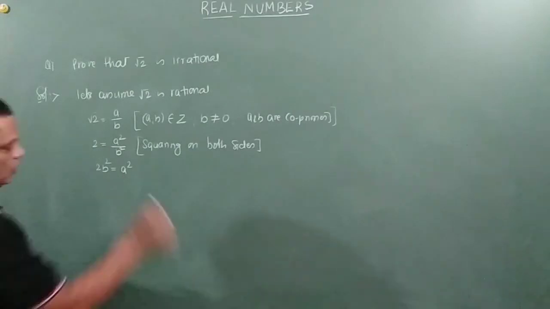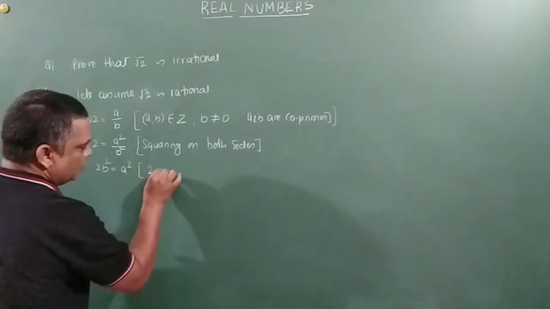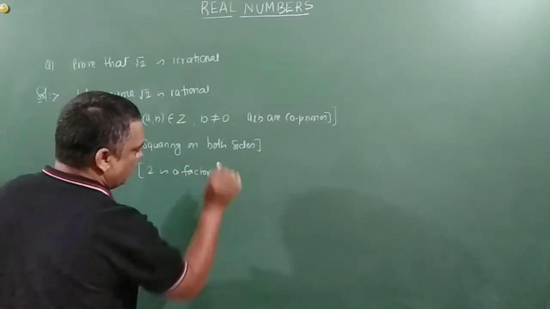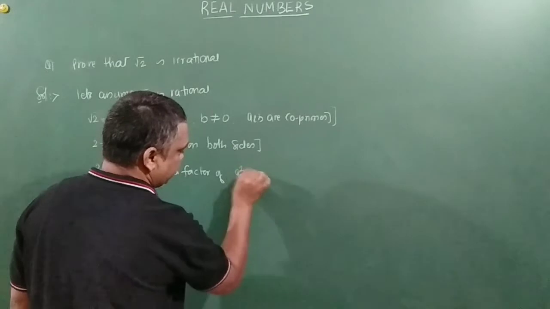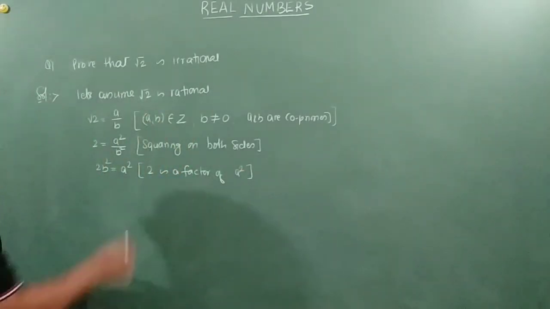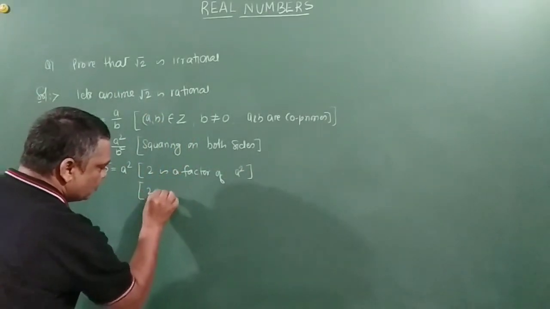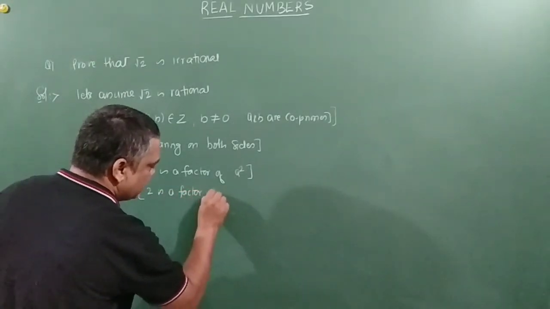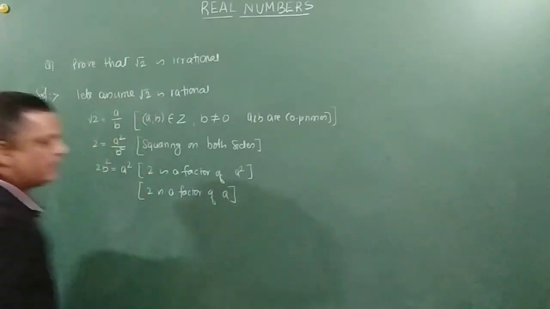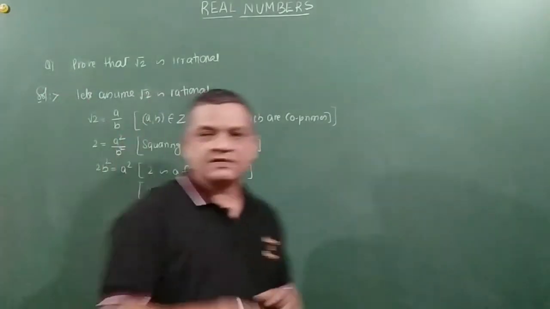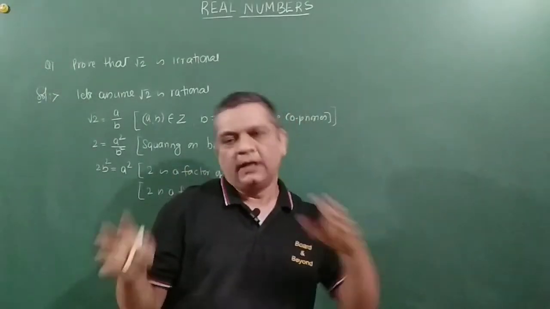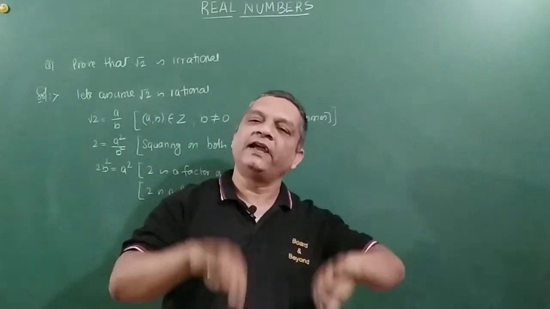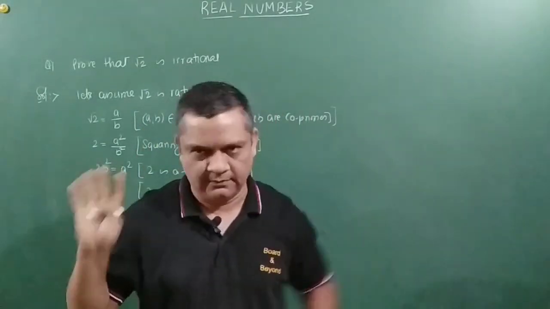So we can write that 2 is a factor of a square. Now we can also write 2 is a factor of a. Why? Because a square is nothing but a into a. So if 2 is a factor of a square, then definitely 2 is a factor of a separately as well.